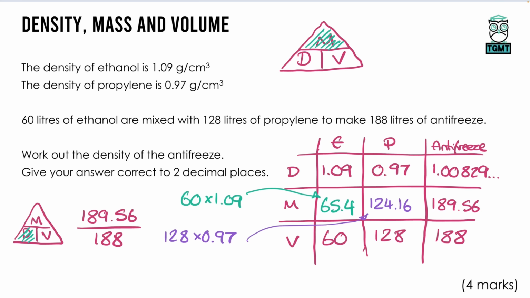There's a lot of decimals here, but it does want my answer to 2 decimal places. So if we chop it after the 0, that is going to round to 2 decimal places as 1.01, and that'll be in grams per centimetre cubed. And there we go, there is our density question where we had a mixture involved.